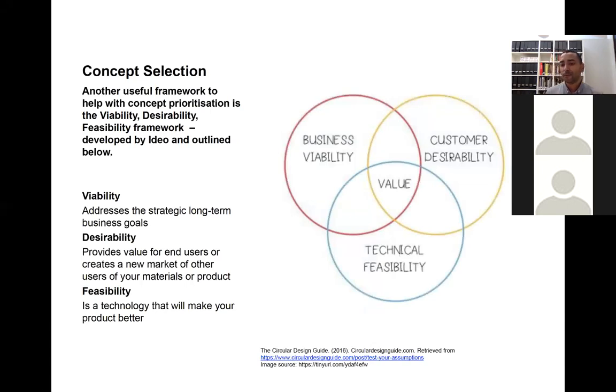Another tool that you may want to consider is here on the screen. So if you were to think about the diagram, that's another way of selecting which one of your ideas you may want to pursue. So again, starting from the top left-hand corner, you may ask yourself which one of your ideas are viable as either a business model or, depending on what you're working on, something else.